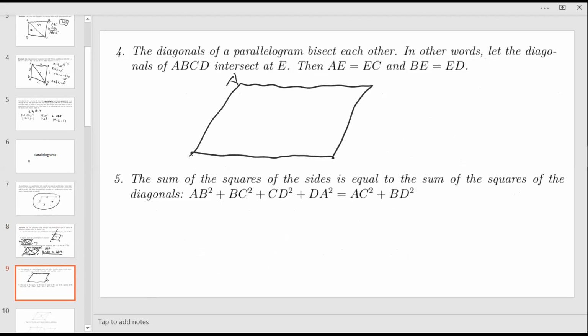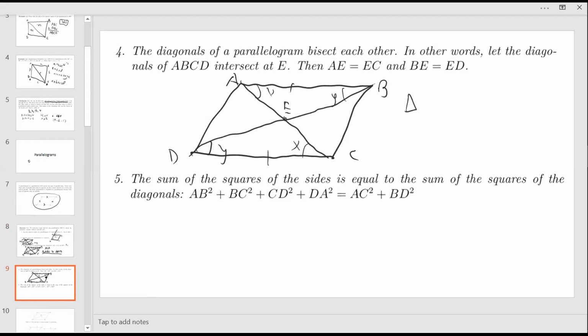If we have A, B, C, and D, and we draw the two diagonals, and say they intersect at some point E, then by parallel lines, if this is X, then this is X. And if this is Y, then this is also Y. They also share AB and CD by the previous property that the opposite sides are congruent.